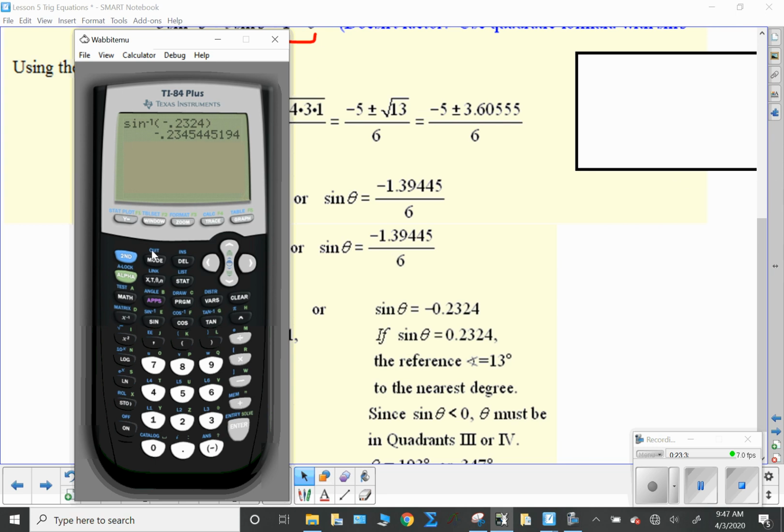Well, if I want it in degrees, remember I had to change my mode to degrees. Negative 0.2324, and I hit enter, negative 13.438. So the reference angle is 13 to the nearest degree.